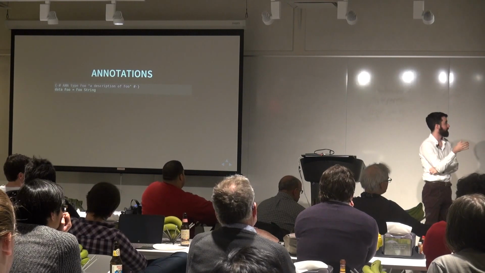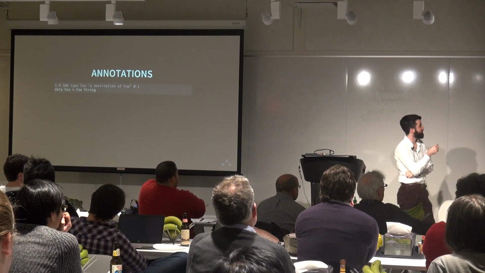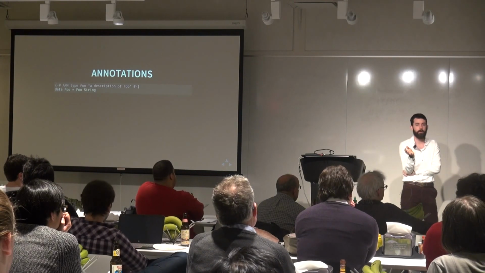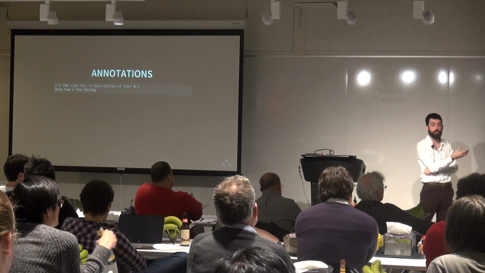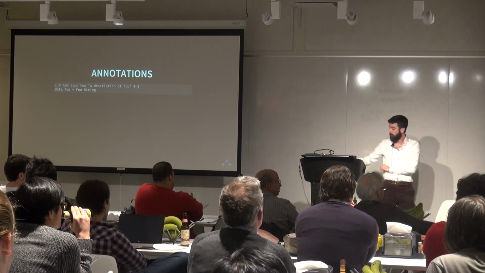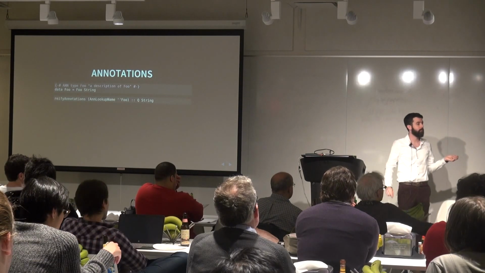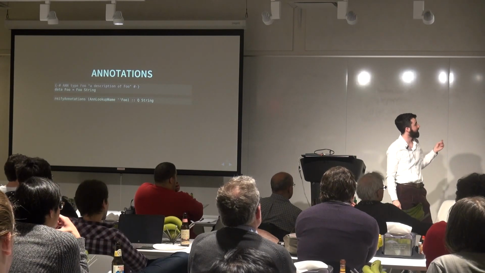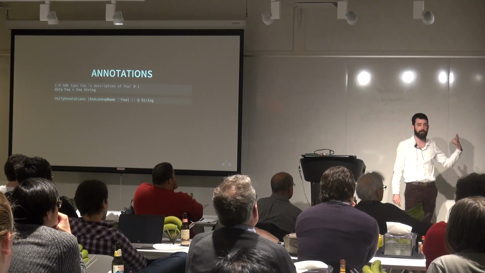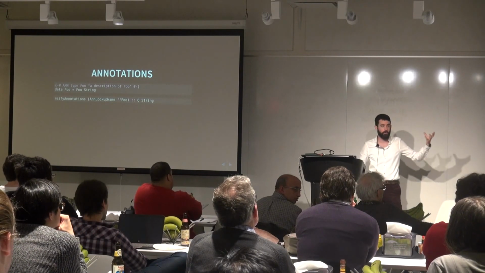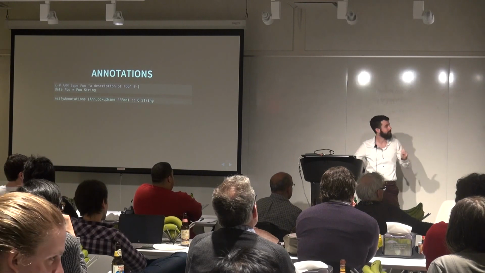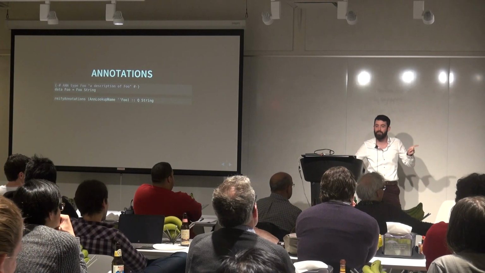You have an ANN for annotation. It's on a type. The type that it's on is Foo, and we attach some arbitrary data. In this case, we're attaching a string. And we get that out through Template Haskell by reifying that annotation and getting back a Q String inside of a Q monad. Only time I've said monad, I'm sorry.